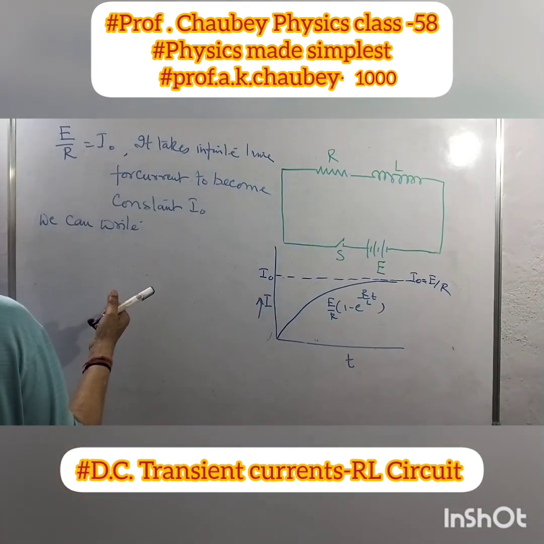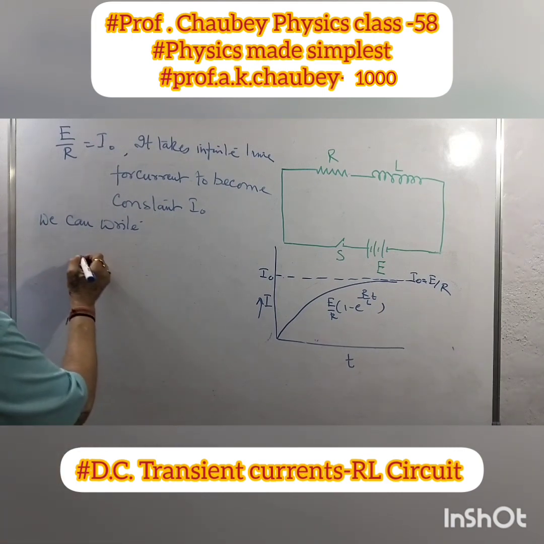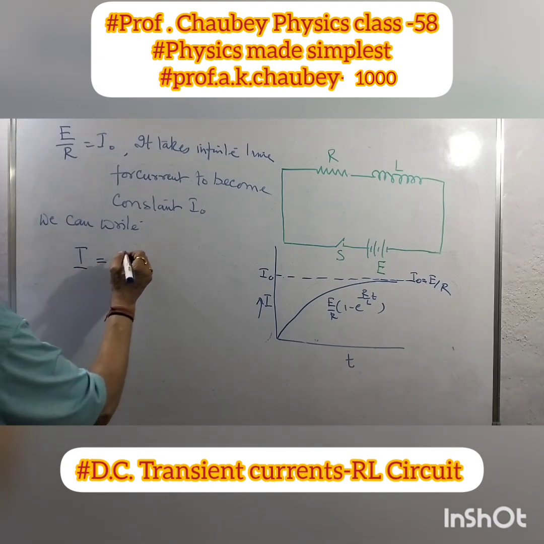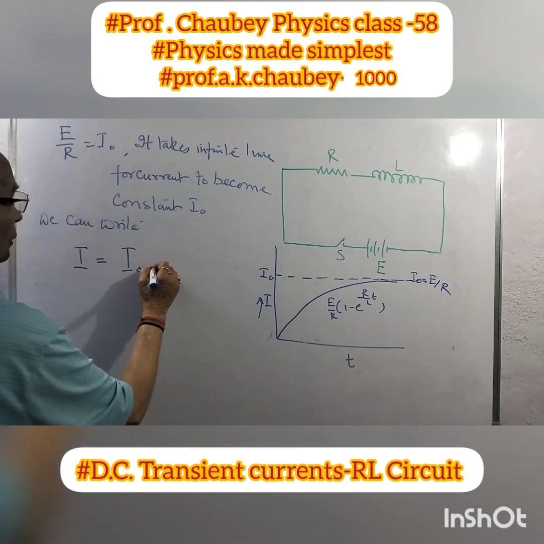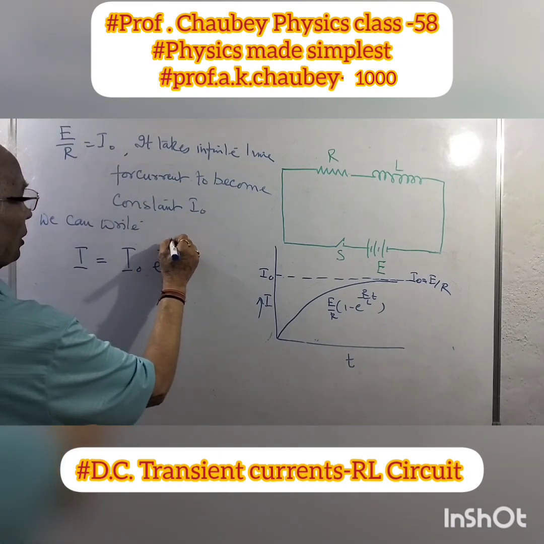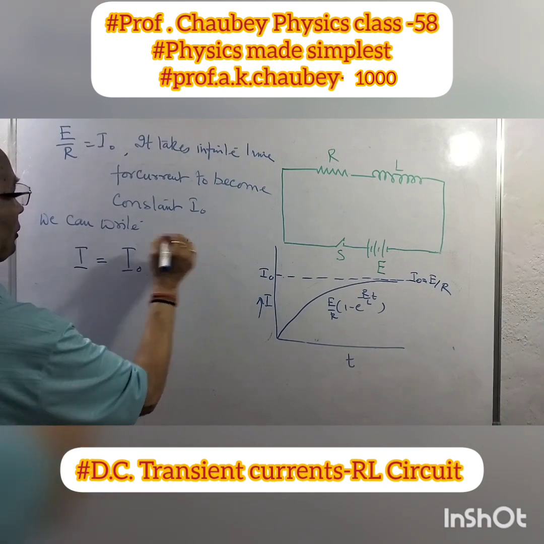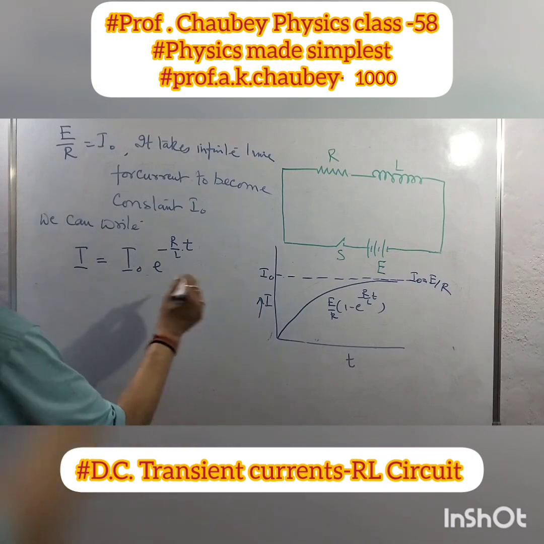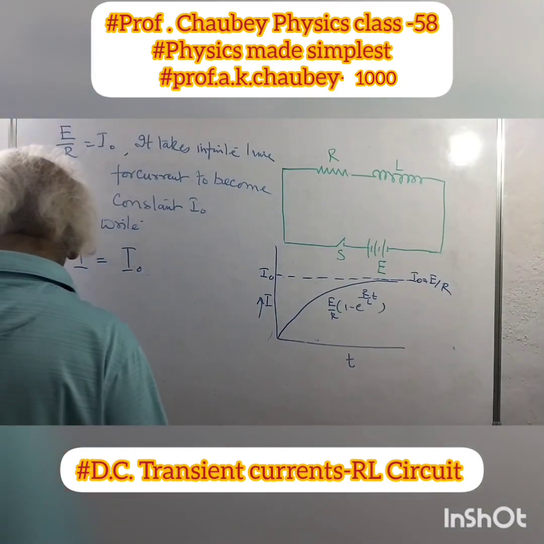So we can write that i is equal to I naught, 1 minus e to the power minus R by L t.